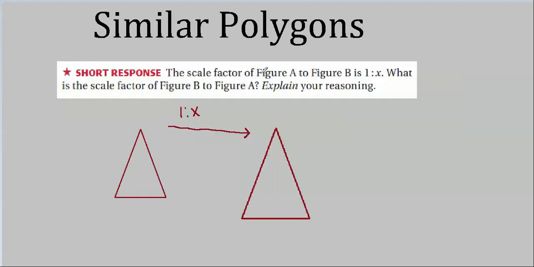Here we have one where we're going to demonstrate what we just did in a previous problem. The scale factor from figure A to B, well, maybe I should have labeled it. Here's figure A, and here's figure B, is 1 to x. That's the scale factor. Now in this case, the scale factor is, I think, 4/3.